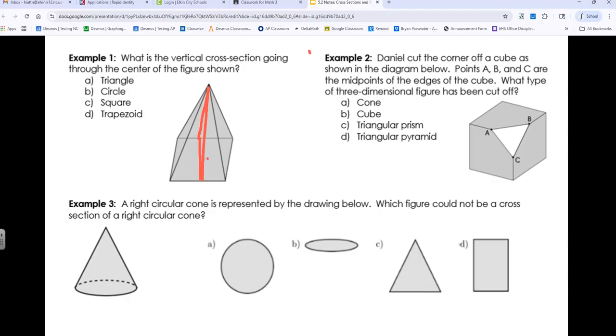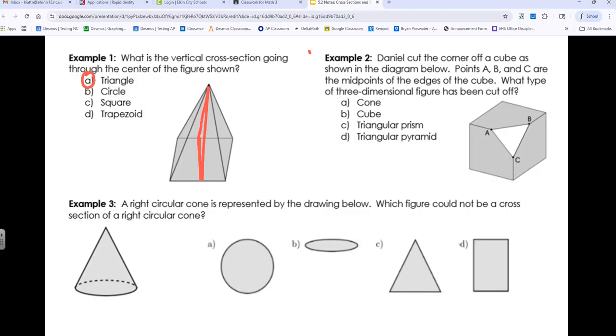But that would be a triangle. In fact, is it true that any vertical cross section of a pyramid is going to give you a triangle? Even if the base is different, you should get a triangle. Pretty sure that's true.